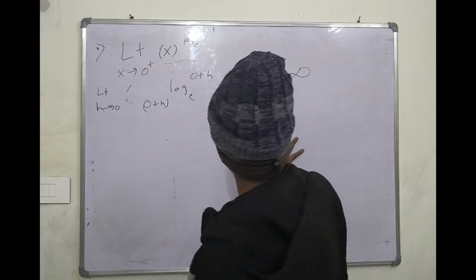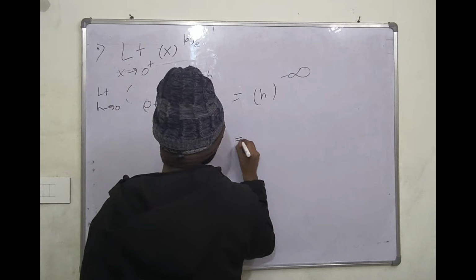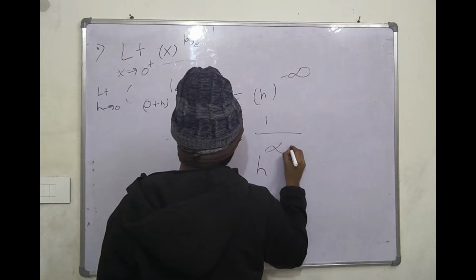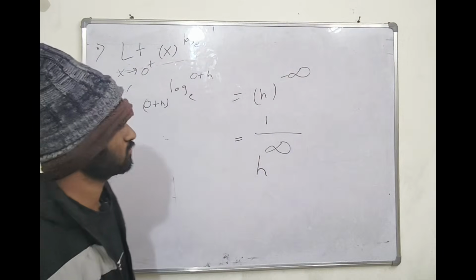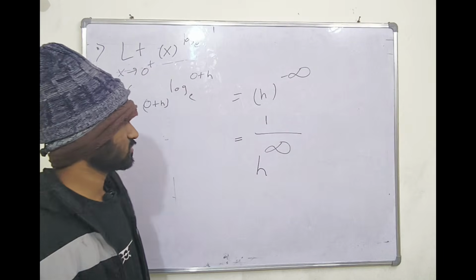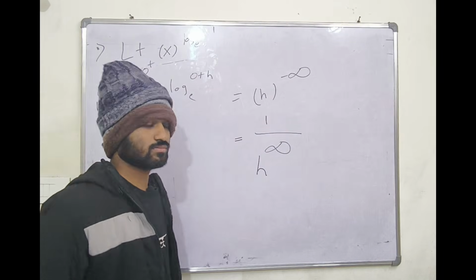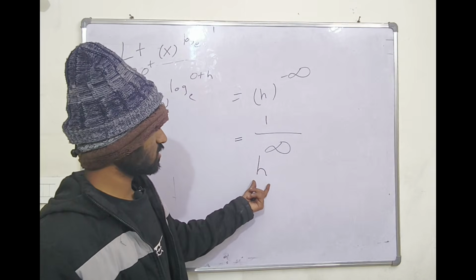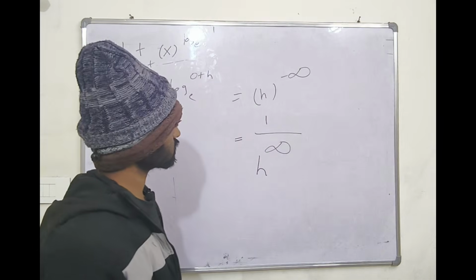So this is equal to 1 by h power infinity. Okay, good. 1 by h power infinity. When h tends to 0, this is very small and tending to infinity.